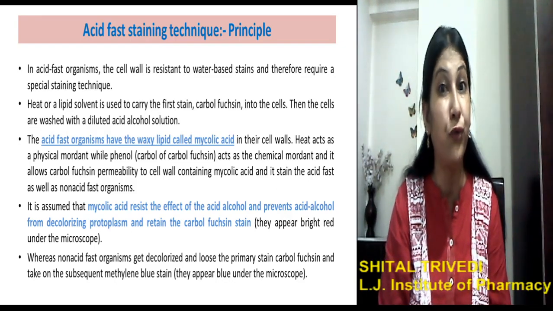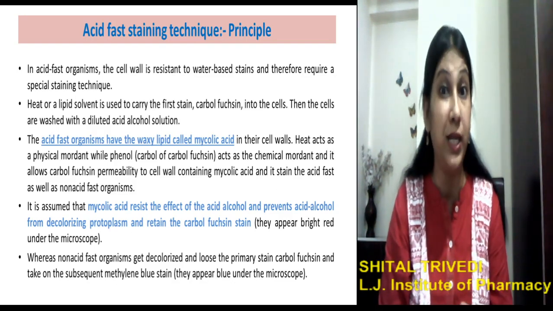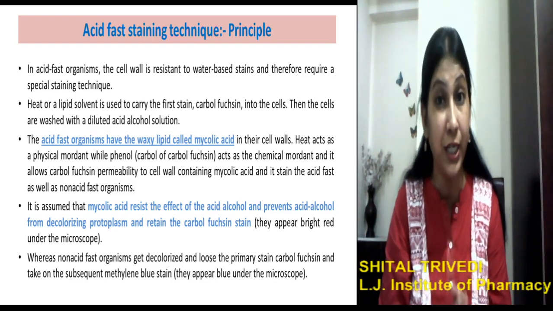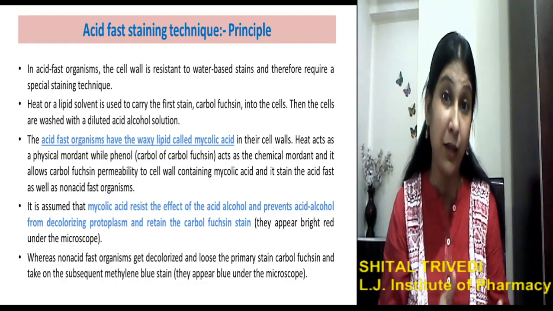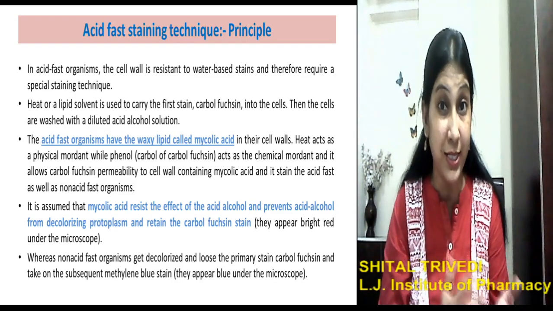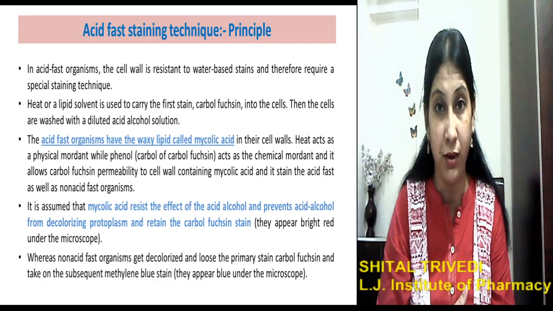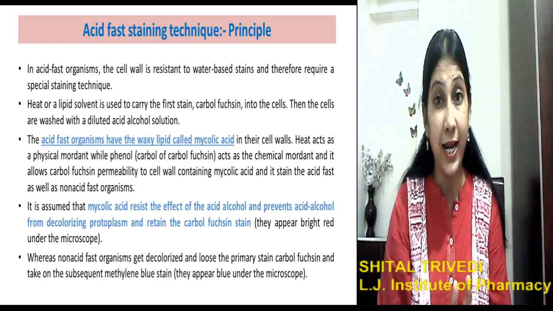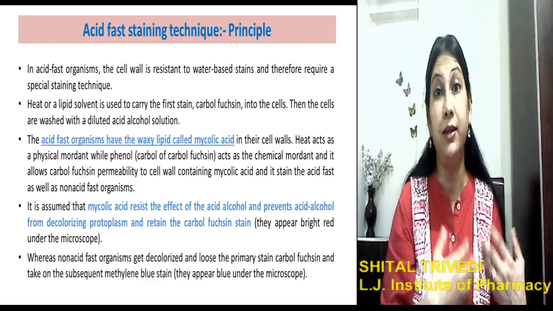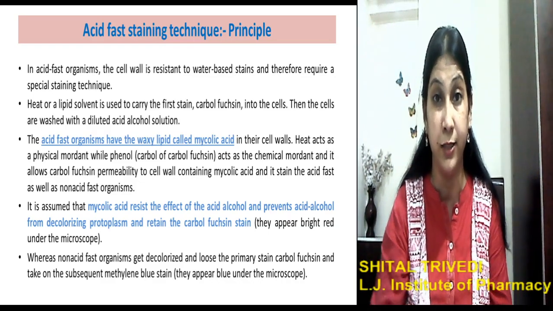Carbolfuchsin is a mixture of phenol and basic fuchsin, and this phenol is soluble in mycolic acid and has an affinity for it, and thereby helps to penetrate the basic fuchsin into the cells of this kind of microorganism. Heat acts as a physical mordant that also helps to penetrate the carbolfuchsin into the cells of these organisms.